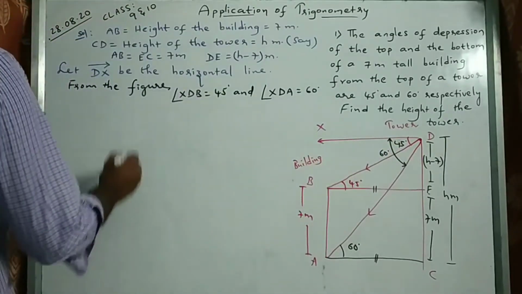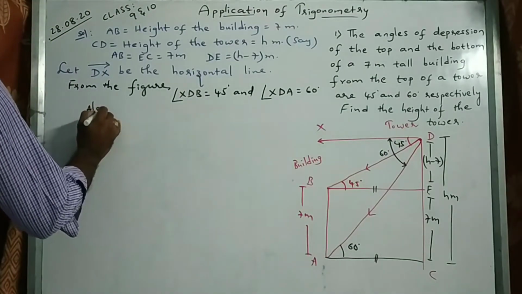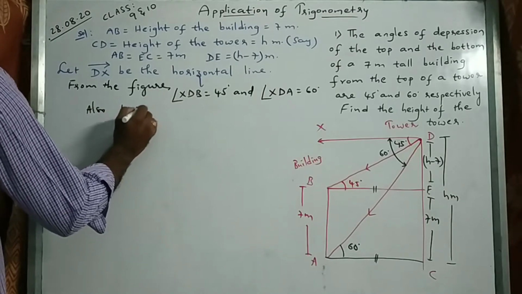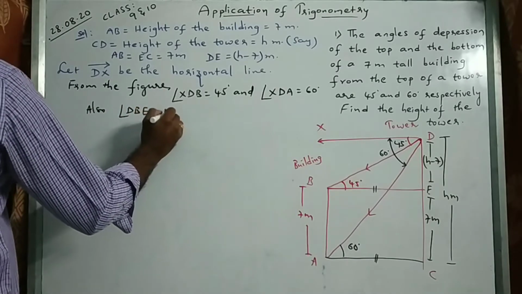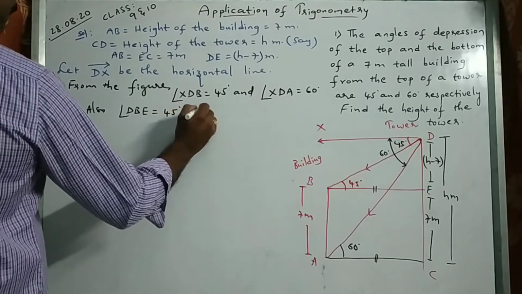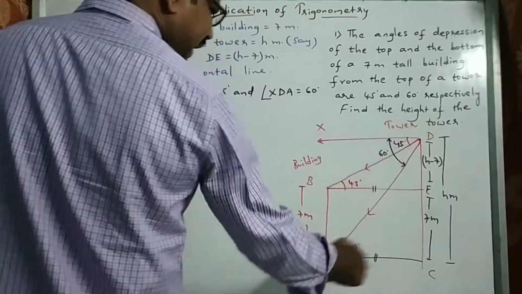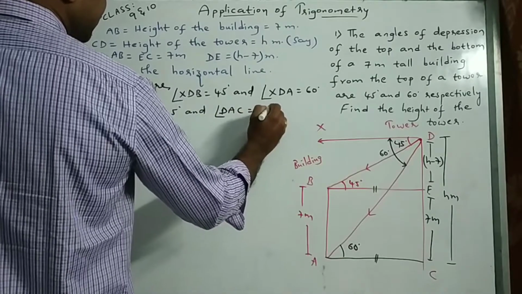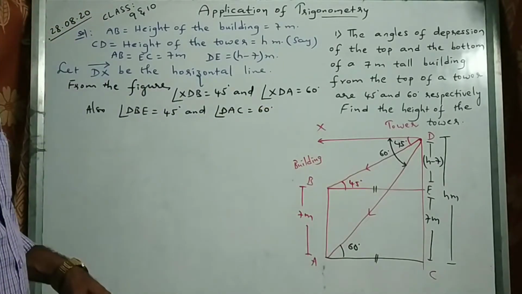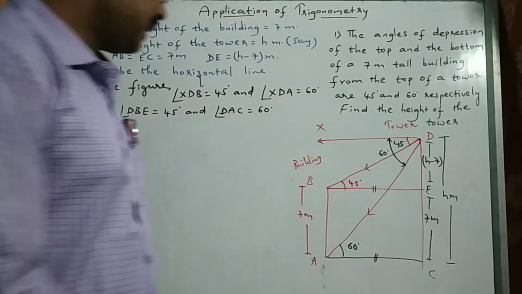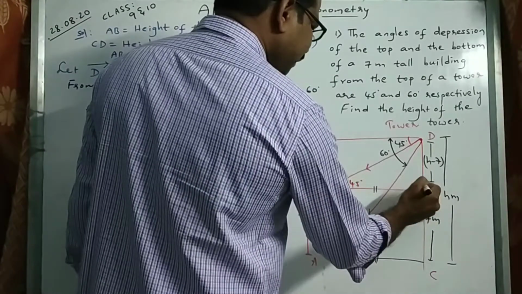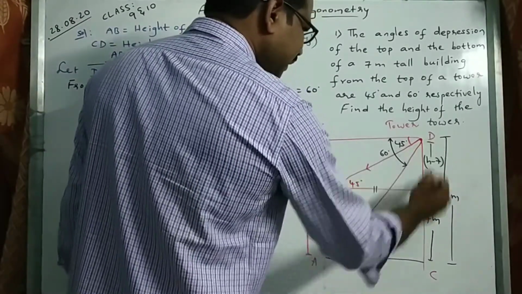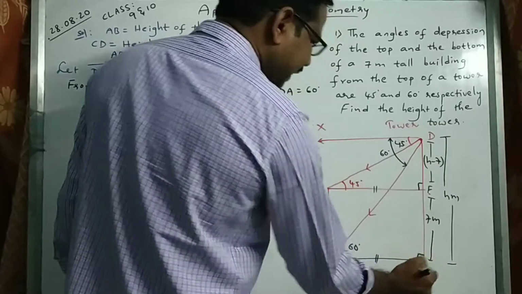So angle DBE is equal to 45 and angle DAC equal to 60 degrees. Now you have two right triangles here. What are the right triangles? DEB is one right triangle and DCA is another right triangle.